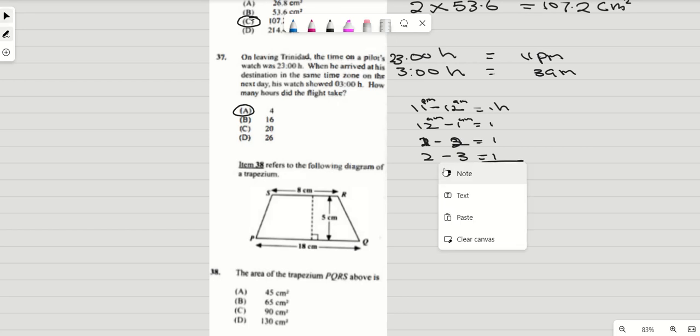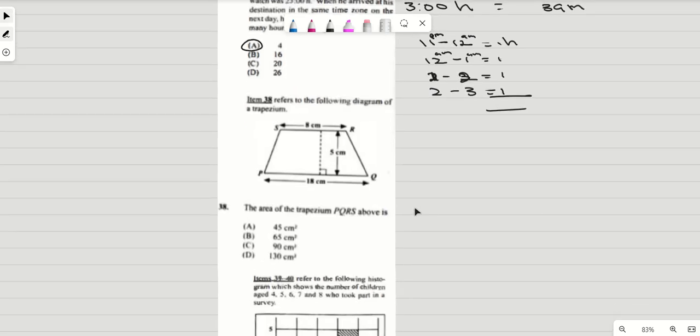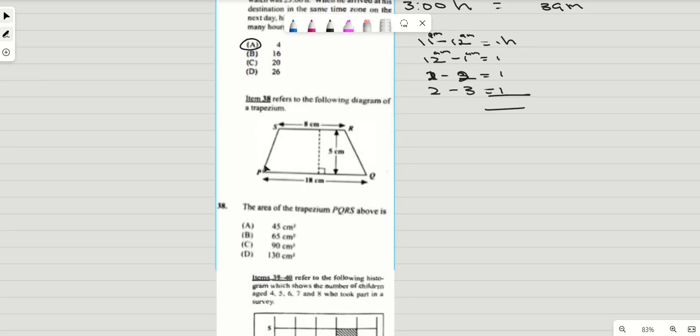Then if we look at this, I believe this was repeated, but let's do it. The area of a trapezium, as I said, if you don't know the formula, is found in your multiple choice formula sheet. Your area is a half times (a plus b) times your height, where a and b are your parallel sides.